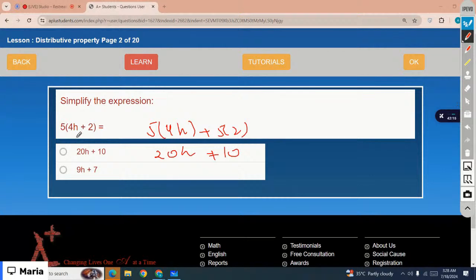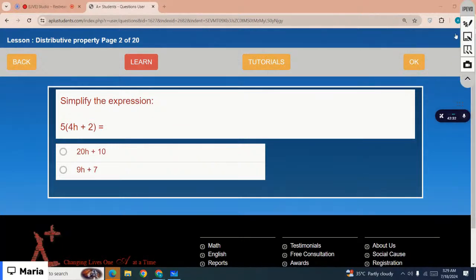So which is the correct option? Yes, option number 1 is the correct option. That is 20h plus 10.